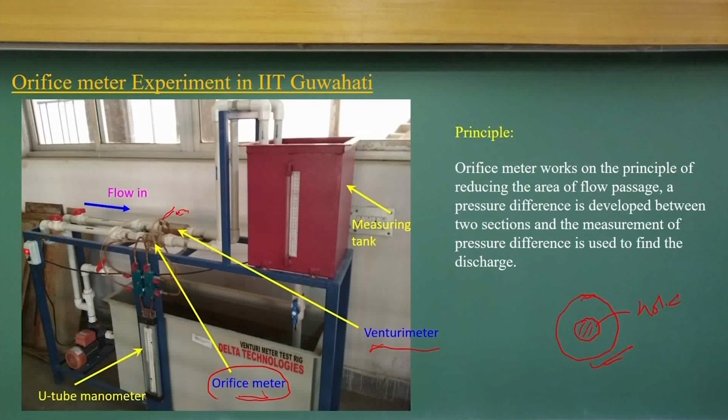But as I said earlier, whenever flow goes through these venturi meters or orifice meters, there will be energy losses. Because of the energy losses, there will be a difference between the theoretical discharge and the actual discharge. Since in the Bernoulli equation that we applied, we do not consider the energy loss components.